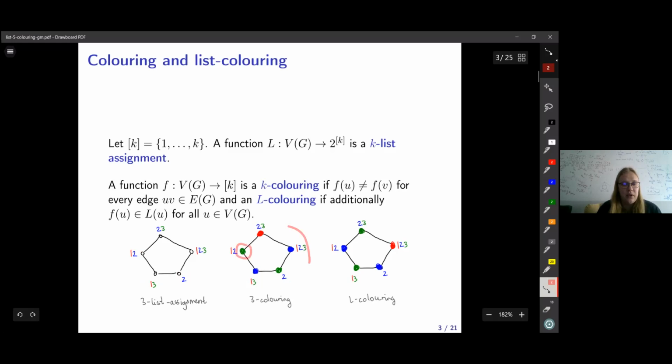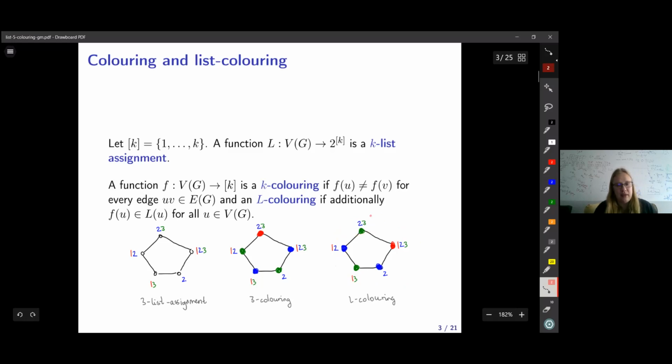I just give each vertex a color, and if they're adjacent, they cannot have the same color. And if it's a K coloring, it means the colors are the numbers 1 up through K. So this is a 3 coloring, but it's not an L coloring for this list because this vertex, its options were 2 and 3, but he got colored 1, which is red. So if I'm L coloring, then in addition to the normal rules for coloring, I also have to satisfy that for each vertex, its color comes from its list.